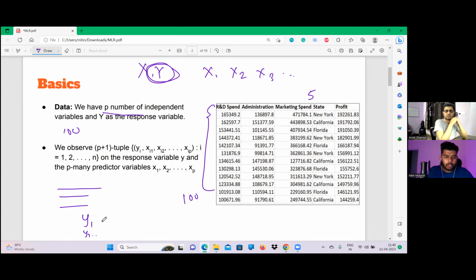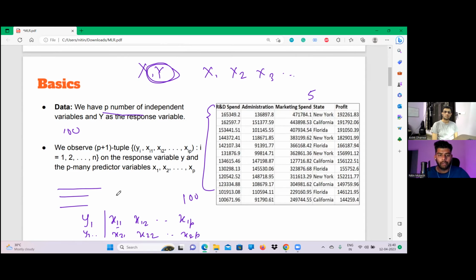Corresponding to x, our first observation will be x11, then we'll have x12, up to x1p. The first index in x represents the row number, meaning which record you are talking about. So for the second row it will be x21, x22, and similarly x2p. You have to understand the basic notations of the data set, because this will help you understand the general linear regression terms later in this session.